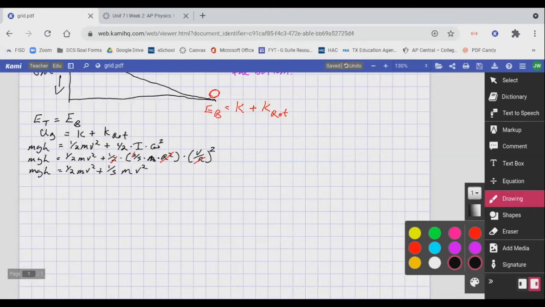Well, didn't that clean up nicely? Look at us. All right, mgh. But what happened to the R? All right, so yeah, look, see in red how I slashed them out, because the R squared is being multiplied by the V over R that's also squared. So let me mark it again in red.